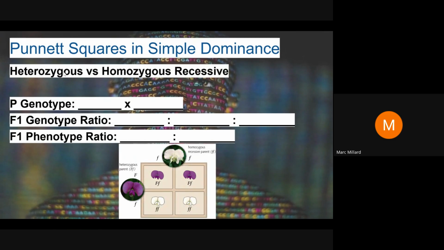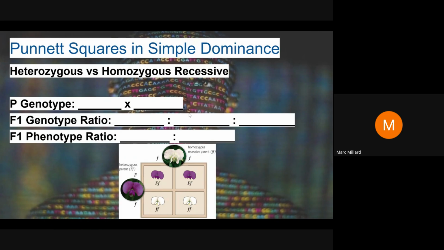Let's try a heterozygous versus a homozygous recessive. So this first parent genotype, little f, little f, we're crossing it with a heterozygous parent, big F, little f, and then the genotype ratios would be 0 are homozygous dominant, 2 of them are heterozygous, big F, little f, and then 2 of them are homozygous recessive.